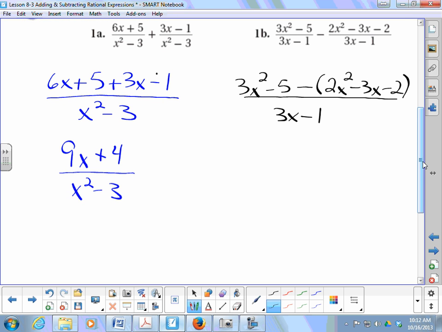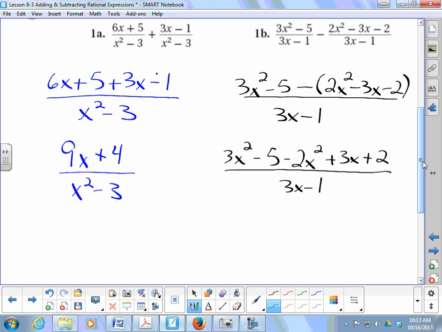So we have 3x squared minus 5. I have to distribute this negative, so it becomes negative 2x squared, positive 3x, positive 2. So 3x squared minus 2x squared gives me x squared. I have a positive 3x and a negative 3.